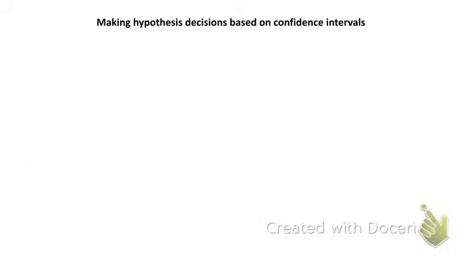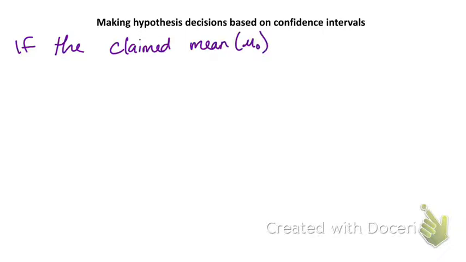Okie dokie. How do we make decisions based on confidence intervals? All right. If the claimed value, the claimed mean, that's our mu naught, is in the interval, think about that for a second.